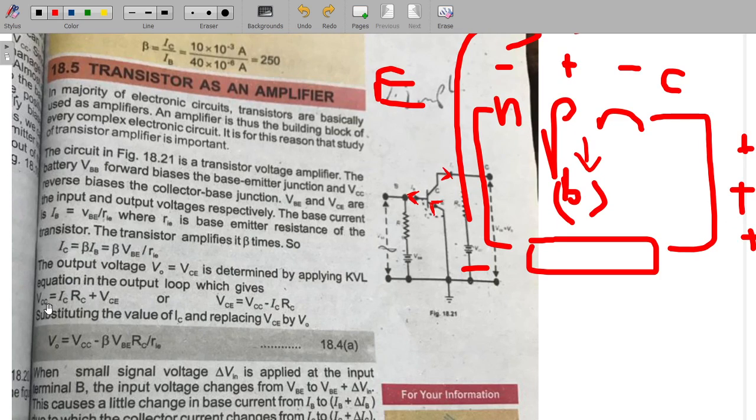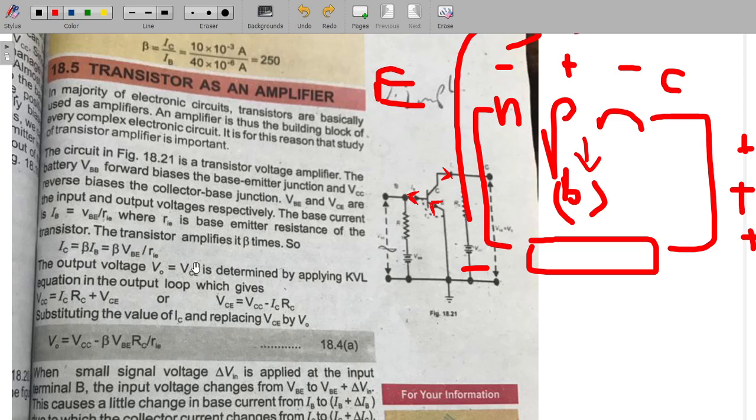Then we say that the output voltage, we try to find out its value through some other relation, which is the VCC, which is this one. This voltage is the one we actually applied for the output, right? And due to this one which we applied ourselves, we got the actual output, which was this one. So we say VO equals VCE, which is the output one, and VCC equals ICRC plus VCE.